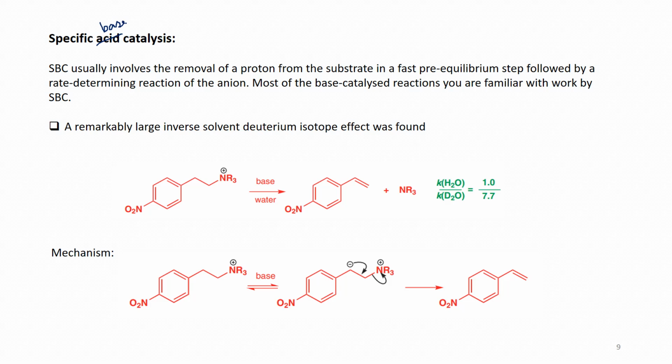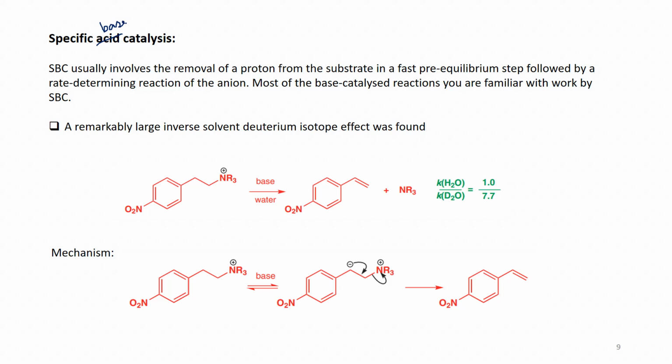Specific base catalysis usually involves the removal of a proton from the substrate in a fast pre-equilibrium state. Similar to the specific acid catalysis, the first step is the fast step. So here the first step is the pre-equilibrium deprotonation of the substrate, followed by a rate determining reaction of the anion, and most of the base catalysis reactions are usually carried out by specific base catalysis.